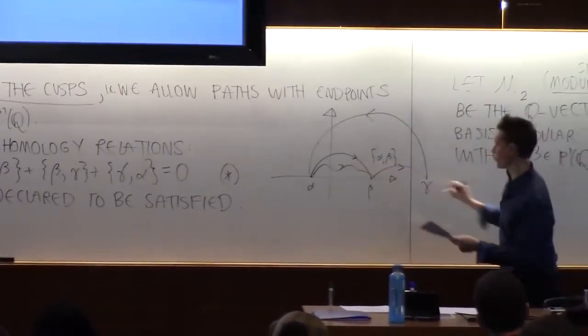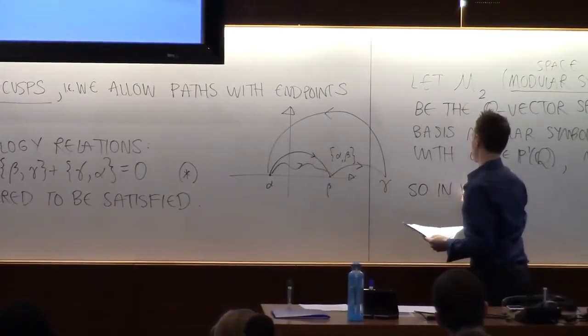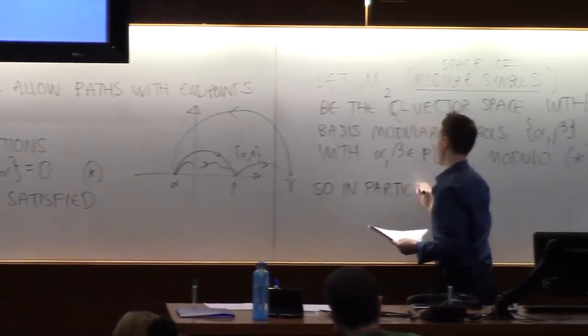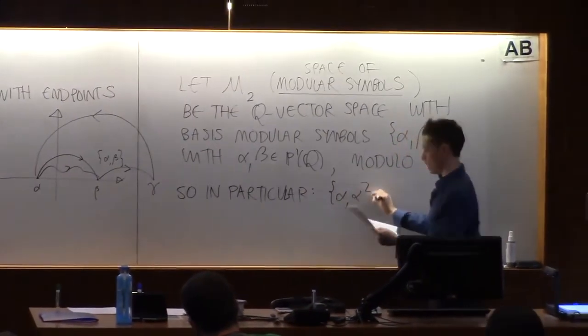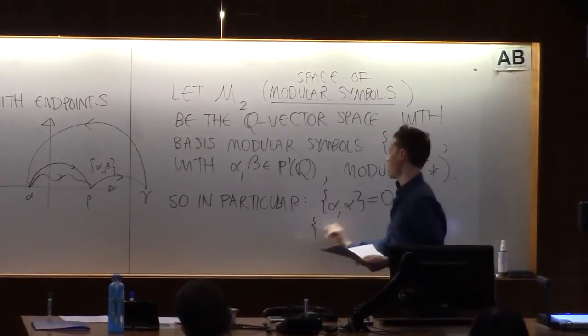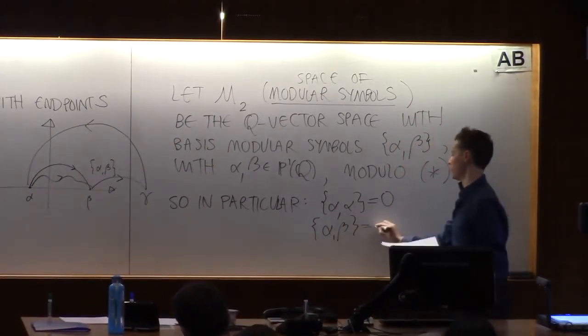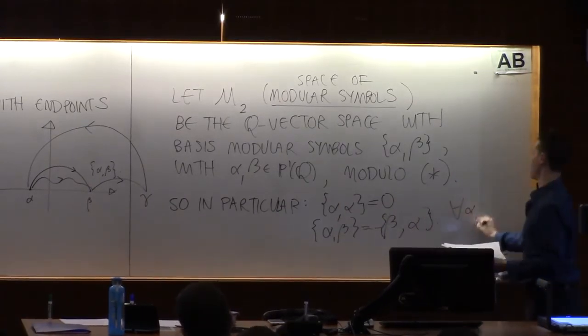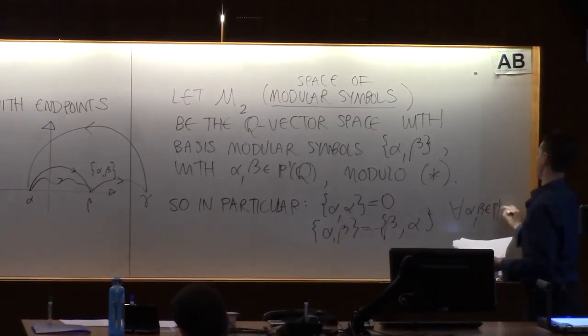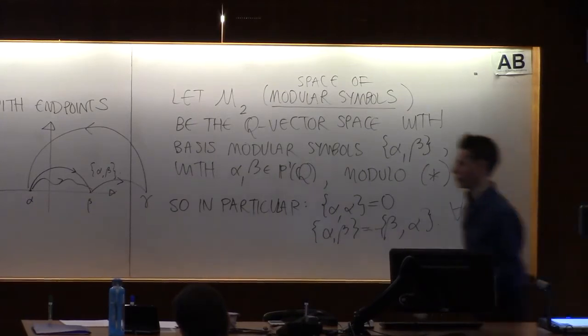What else can you deduce from star? Well, I encourage you to prove that for any alpha, I have {alpha, alpha} equals 0, and that {alpha, beta} is minus {beta, alpha}. See if you can prove that for alpha, beta. Okay, that follows from star.